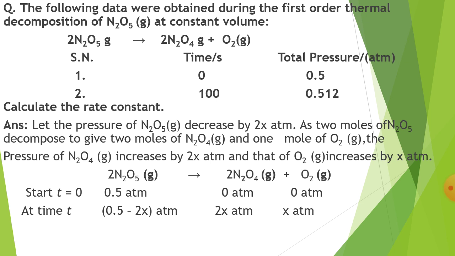So we write the equation like this: 2N2O5 gives 2N2O4 plus O2. At time T equal to 0, 0.5 atm, that's the initial pressure of N2O5, 0 atm of N2O4 and 0 atm of O2. But after time T, 0.5 minus 2x atm will change into 2x atm of N2O4 and x atm of O2.